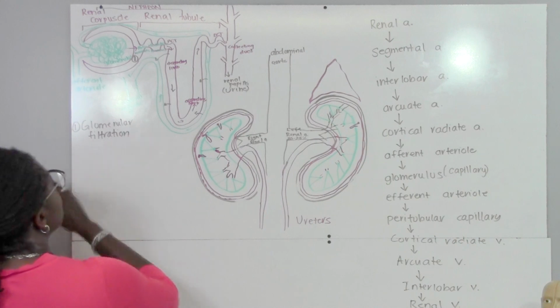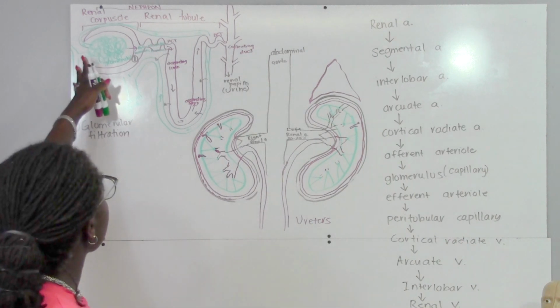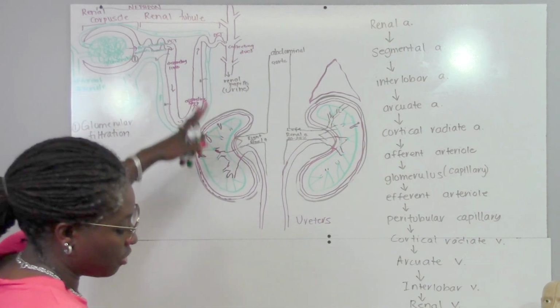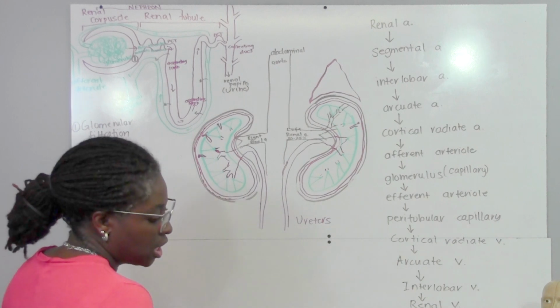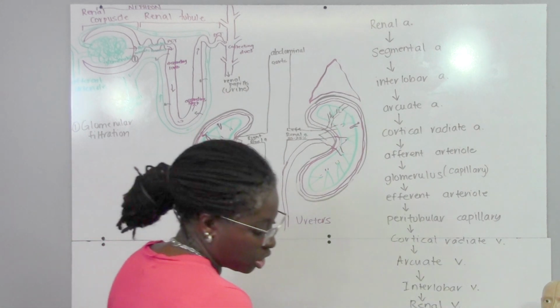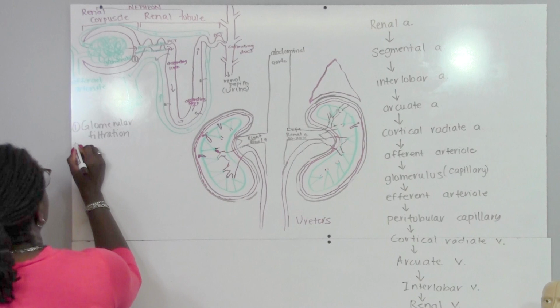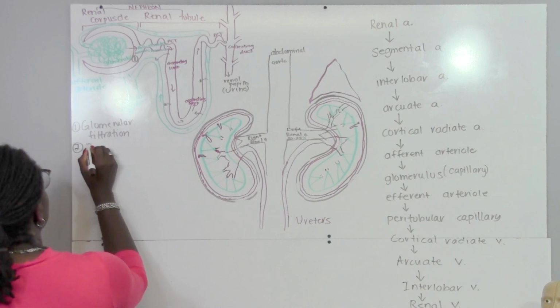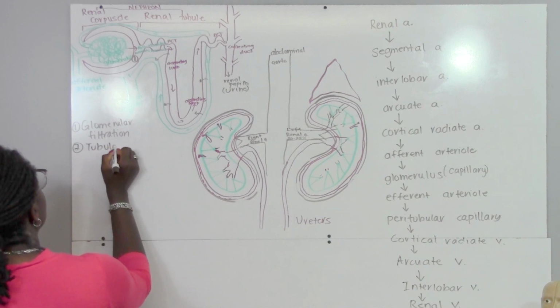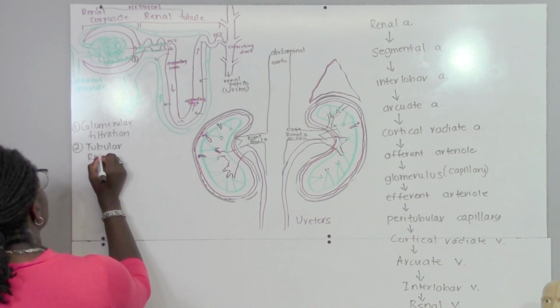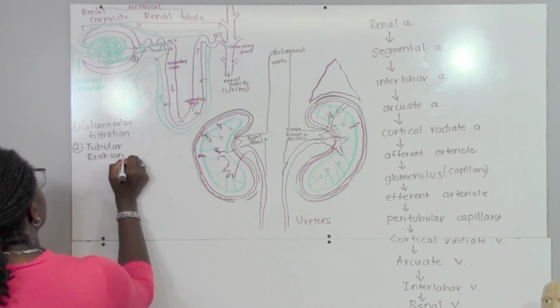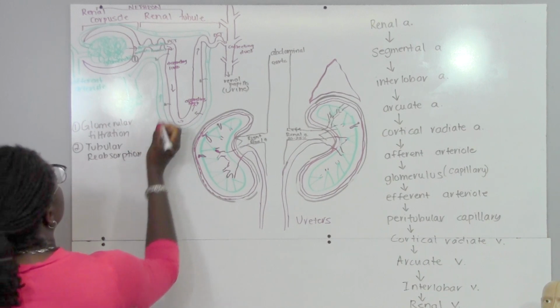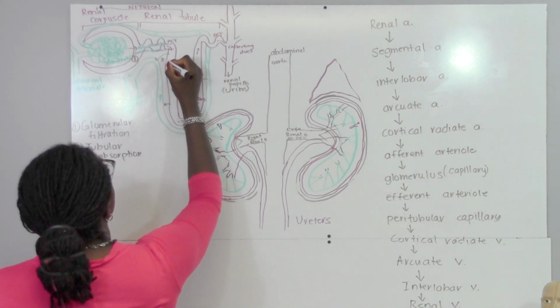That means everything gets moved out of the capillaries into the nephron to be filtered. Then we have tubular reabsorption. I'm going to put a 2 here for tubular reabsorption.